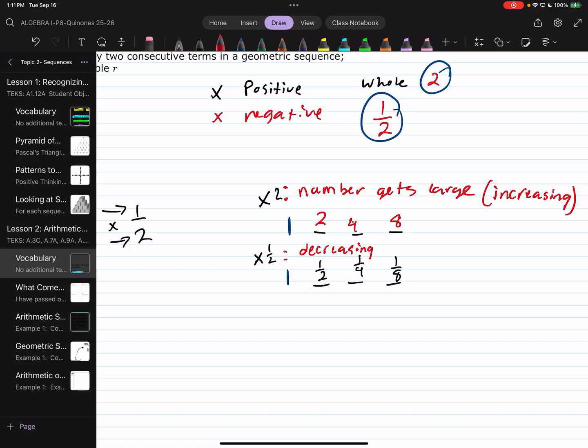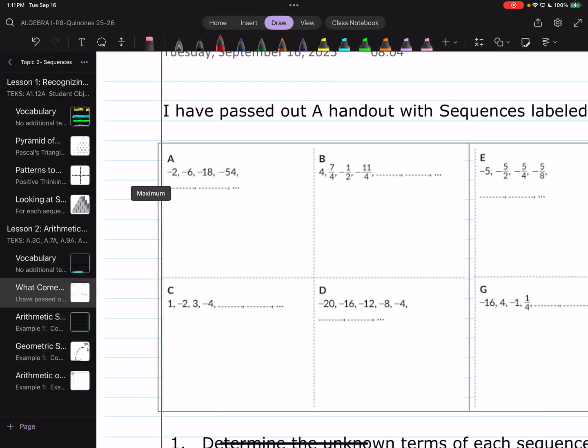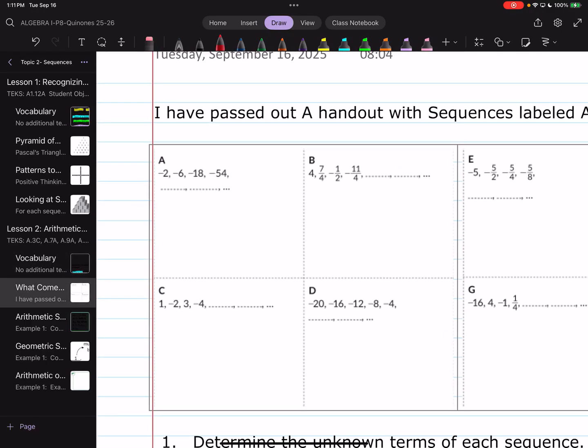For example, and I just want to review the one that you're doing right now. The first one, although the numbers are decreasing in value, we're going from 2 to 6 to 18 to 54. The numbers themselves, we know would be increasing if they were positive, correct? That is how I want you to think about it.